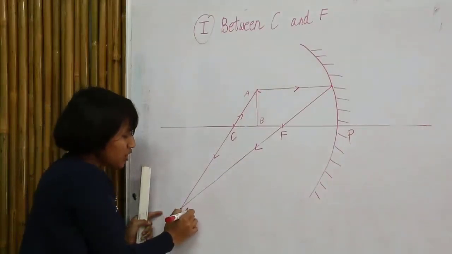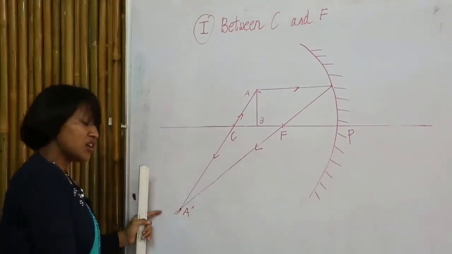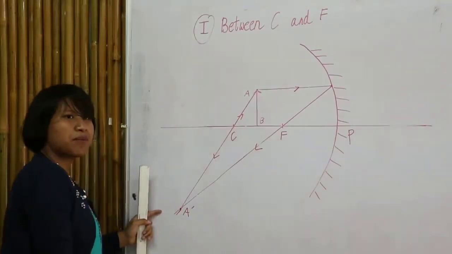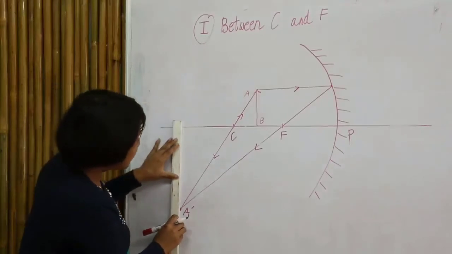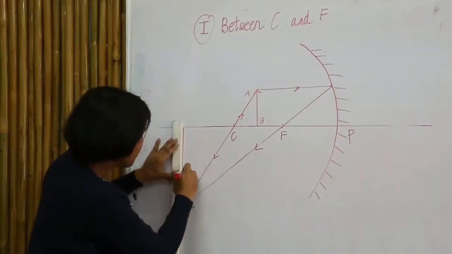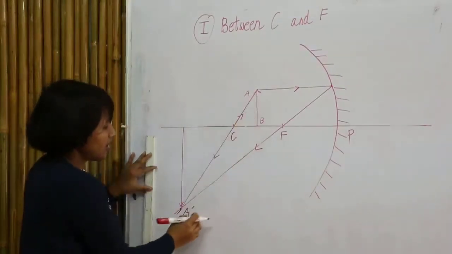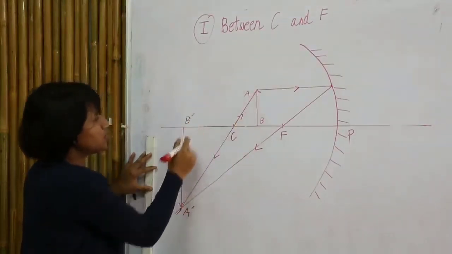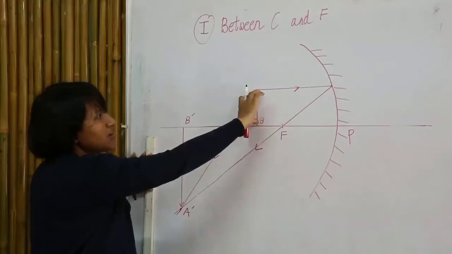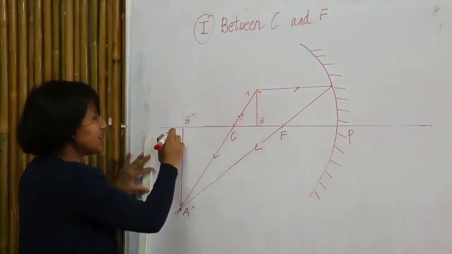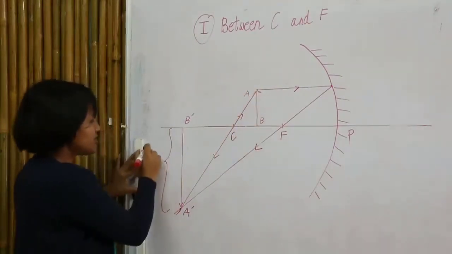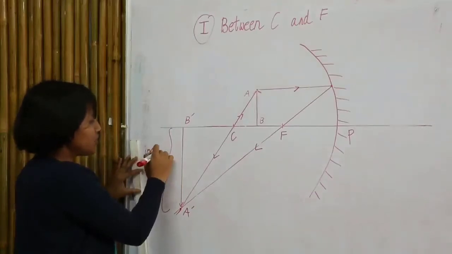So this is the image of A. We have taken it as A prime. Then after this, we draw a line through this. Let's take this as B prime. So this AB is the object, and this is the image.